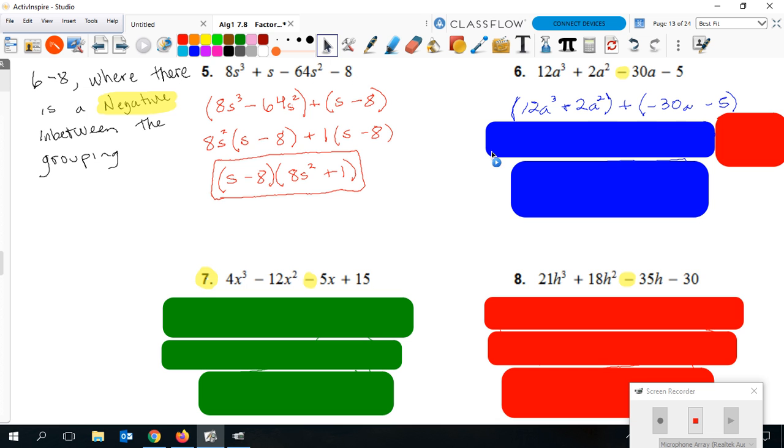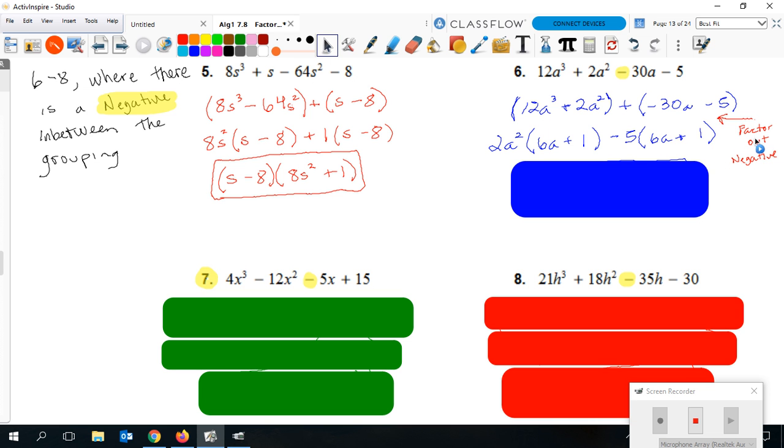So when I factor out the 2a squared, I'm going to get 6a plus 1. When I factor out negative 5, the plus will kind of go away because positive times negative will be negative. That changes the sign here to a positive, and the 6a changes the sign to a positive, and it's a 1. And now there's your matching binomial, 6a plus 1.